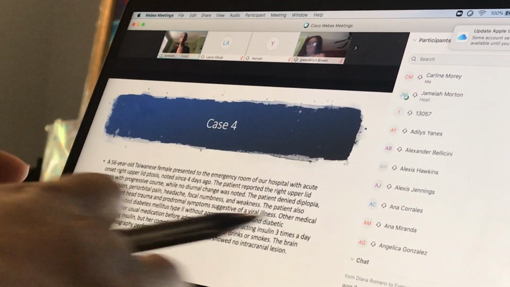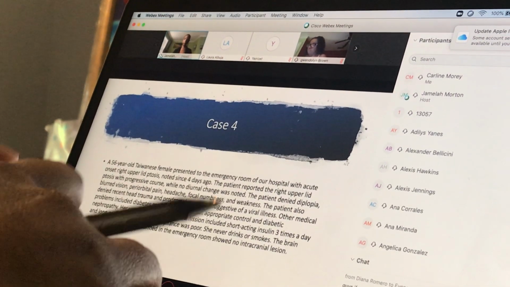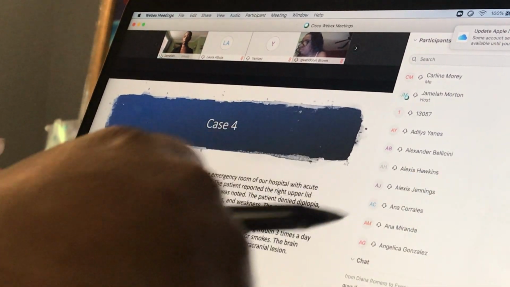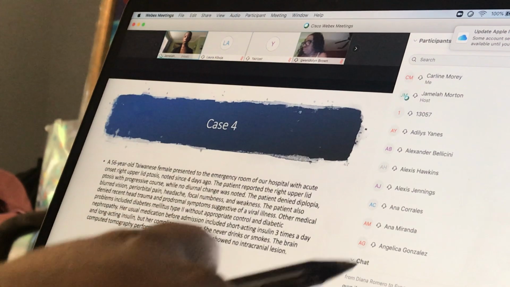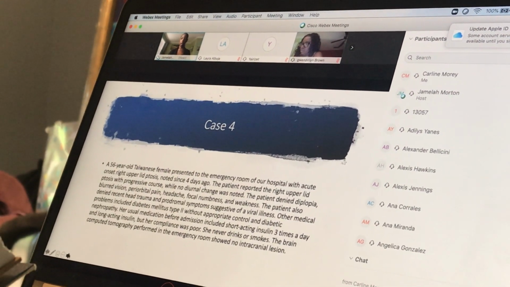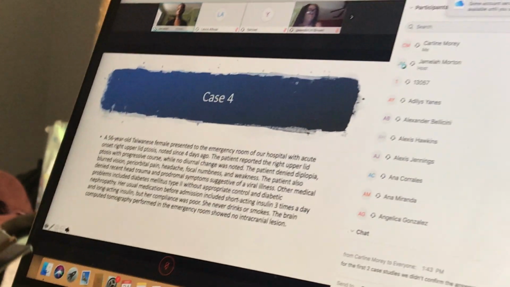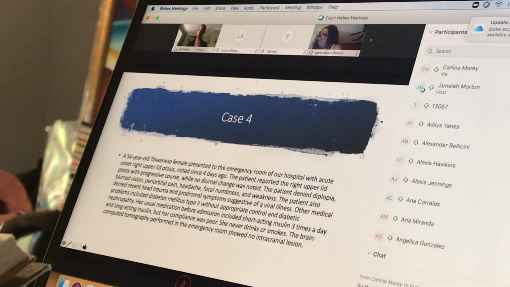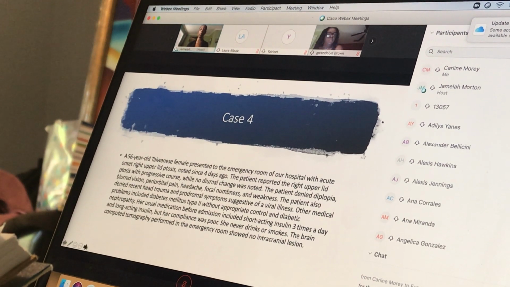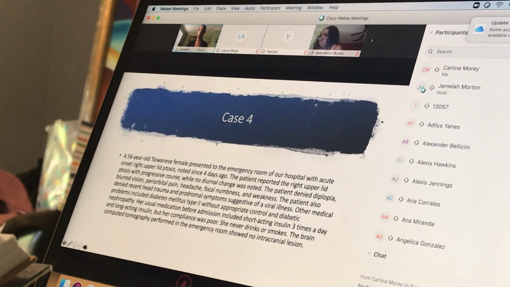Case number 3. A 56-year-old Taiwanese female presented to the emergency room of your hospital with acute onset right upper lid ptosis, noticed since 4 days ago. The patient reported that the right upper lid ptosis was with a progressive course, while no diurnal changes were noted.